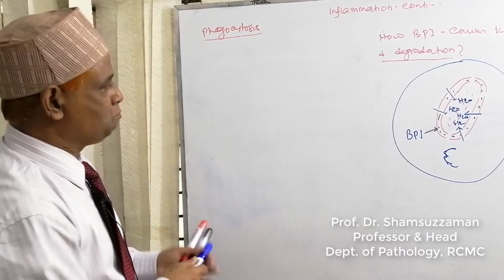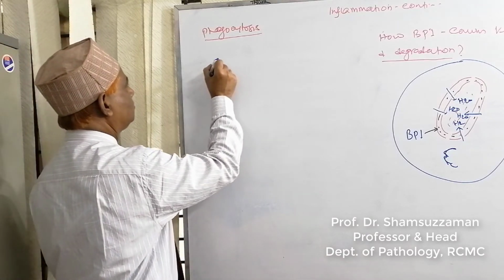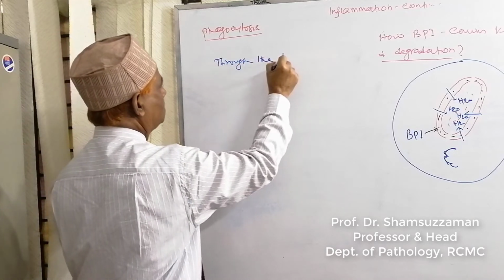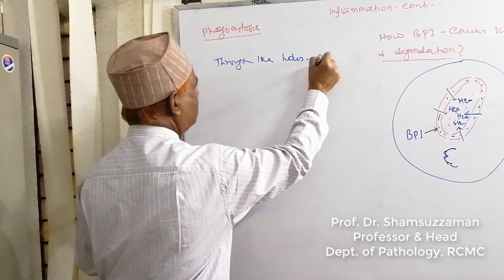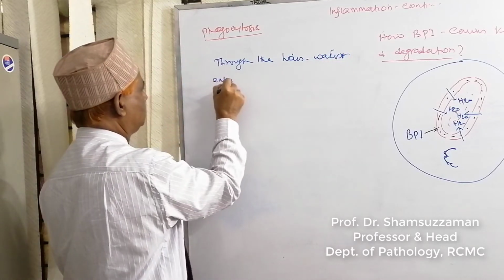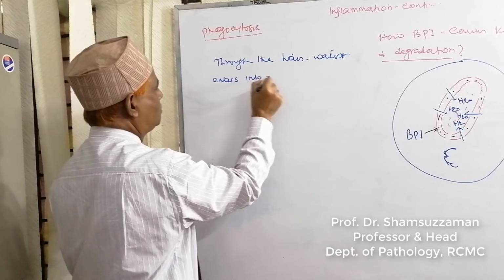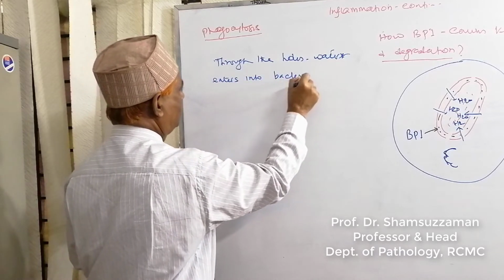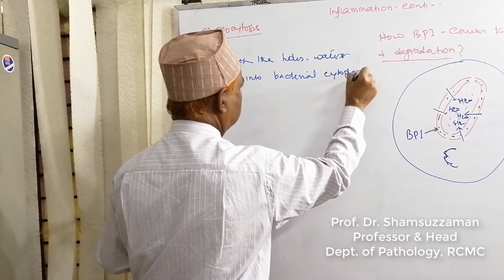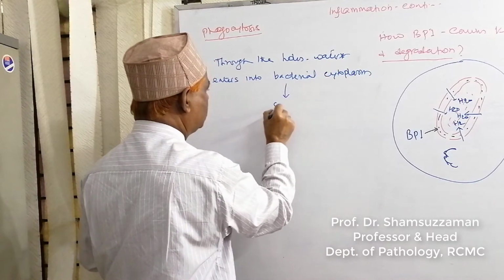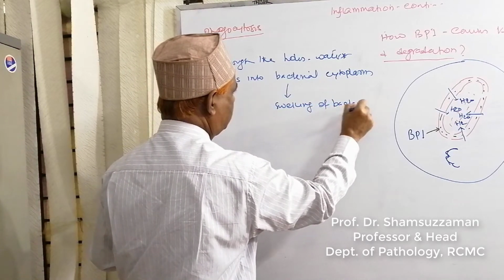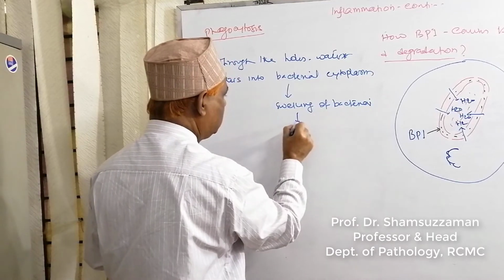Through the holes, water enters into the bacterial cytoplasm. What happens then? Swelling of bacteria, and killing of bacteria.